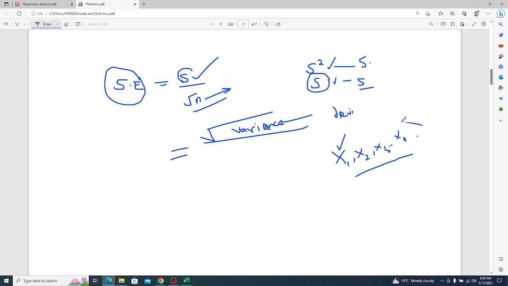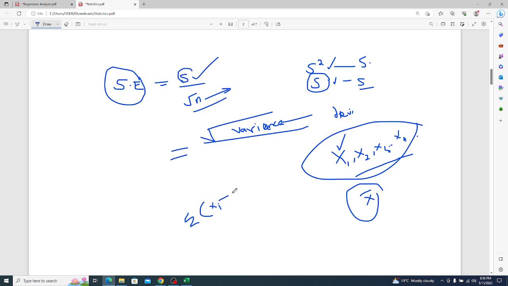If we calculate the mean of this data set, we get x bar. That's why variance is the summation of xi minus x bar. Here is the deviation we are talking of: the deviation of our data points from the mean. Then you square to make the value absolute, and you divide by n minus 1.